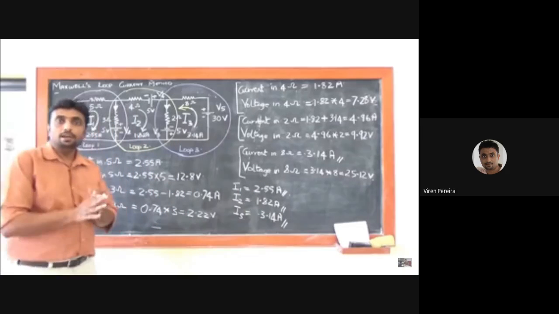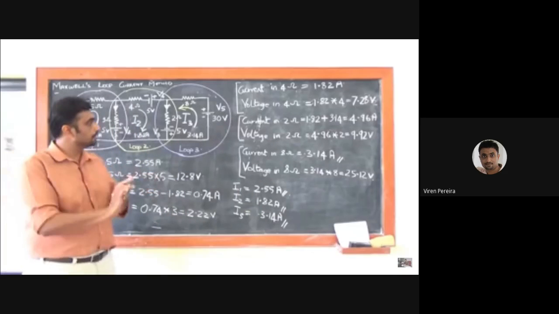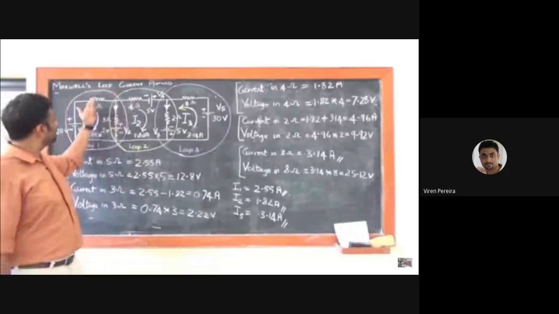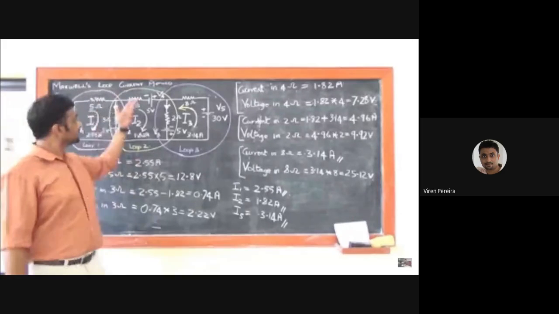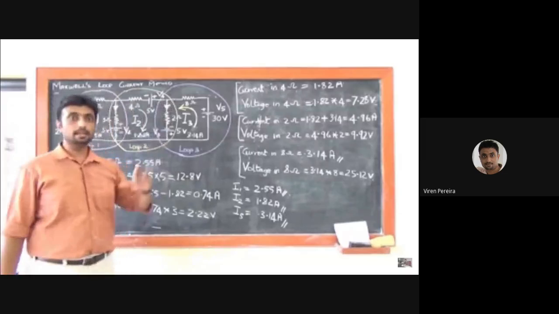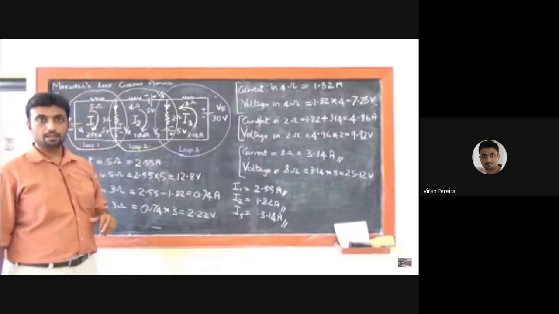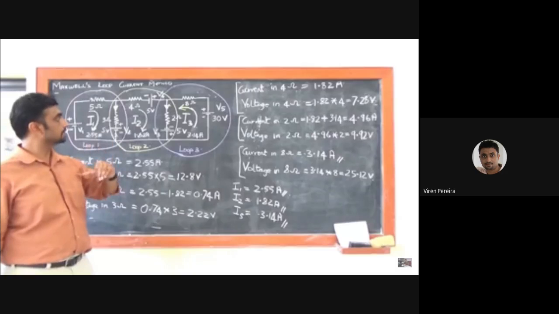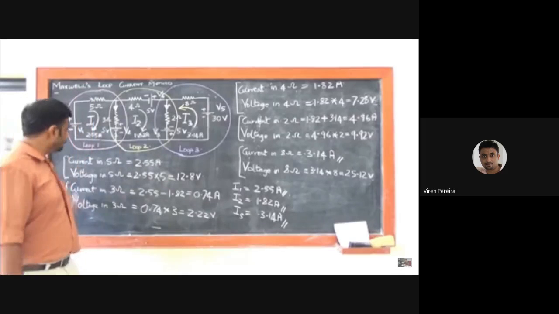So in this way, using Maxwell's method, we can find the voltage and current of each and every resistor in an effective way. If you want to know a particular resistor, you don't have to do all this.